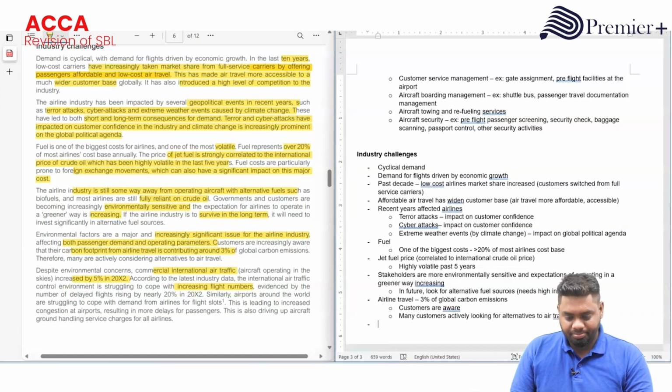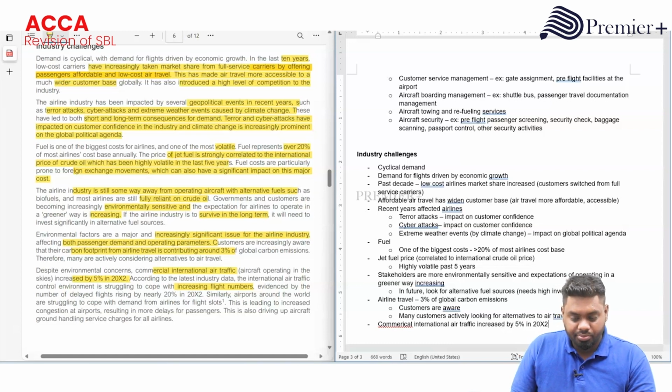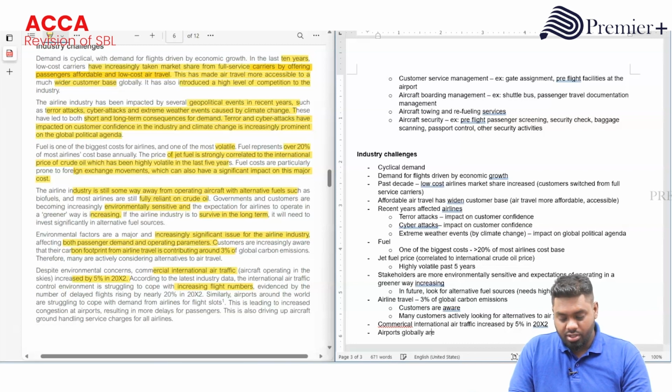Alright, so commercial international air traffic increased by 5% in 2022. And airports globally are struggling to cope with the demand from airlines.